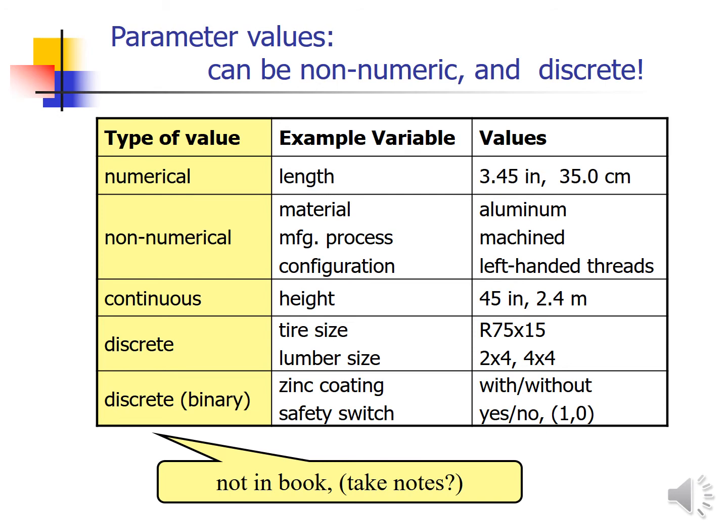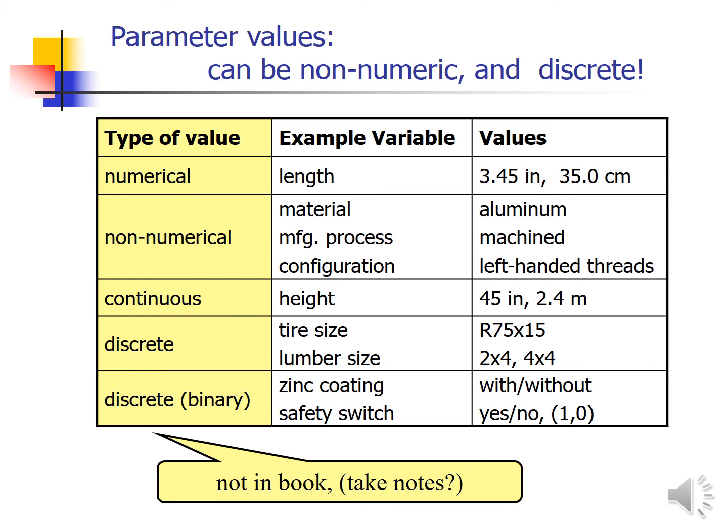After we get this, the parametric value can be non-numeric and discrete. For example, the numerical type is length, with a value in inch or cm. Non-numerical is about the material, process, or configuration, like aluminium or machine.